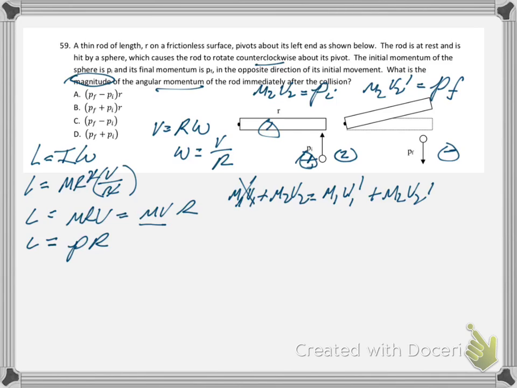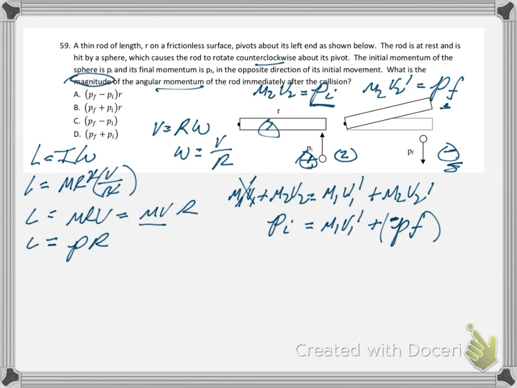All right, so now we can substitute p sub i for mass 2, v2. We'll keep m1 v1 prime, and for mass 2 v2 prime, we'll substitute in p sub f. Now remember, p sub f we said was going in a negative direction.